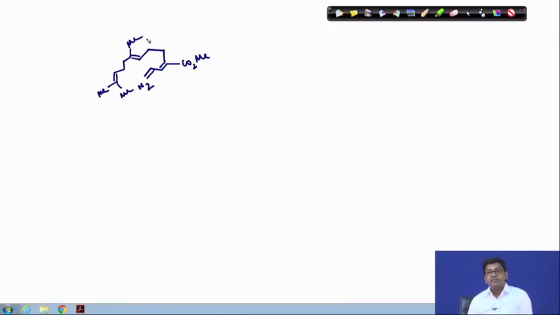In previous cases we have seen that the metallocarbene and the olefin reacted in an intermolecular way. But in this case the precursor for the carbene and the olefinic part are both present in one single molecule. So, this is a beautiful case where the carbene can react intramolecularly. Let us see how it reacts.